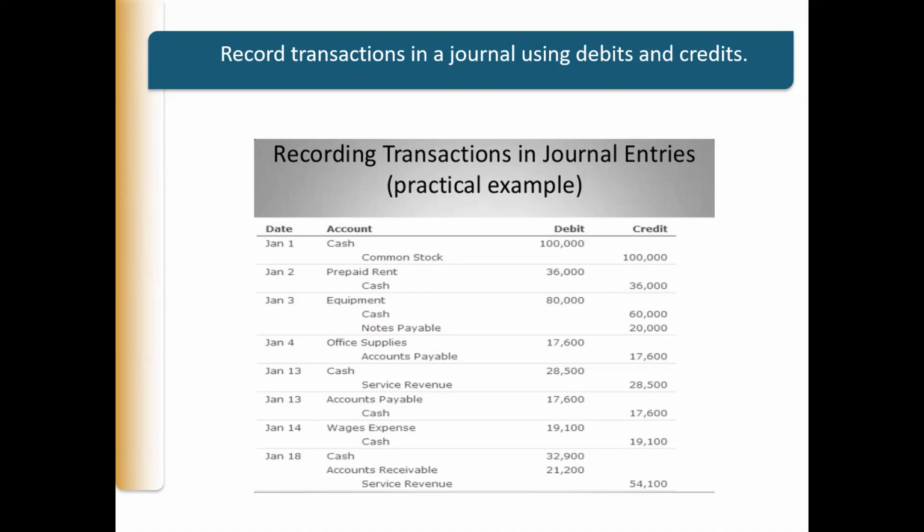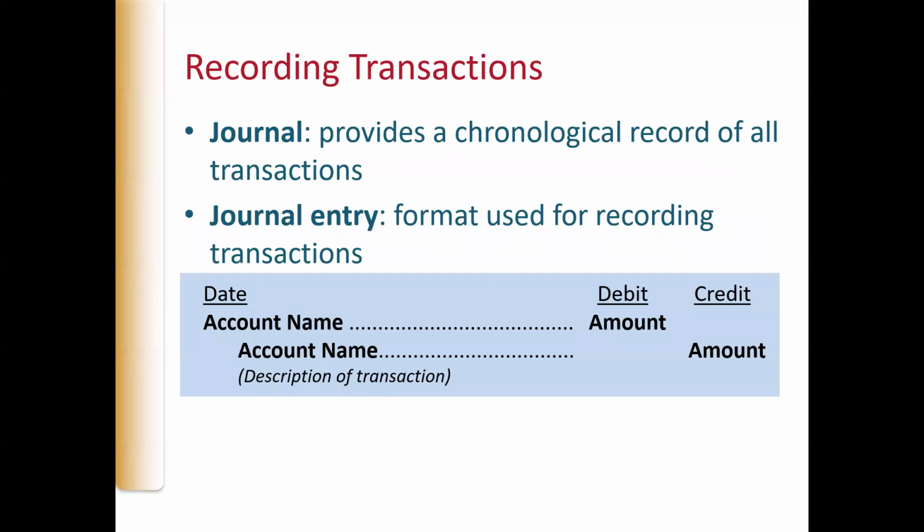Now we're going to talk about recording these transactions using debits and credits. We're going to record transactions in something called a journal, and we are going to provide journal entries into this journal.